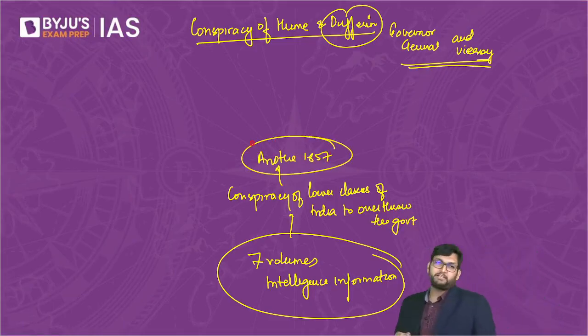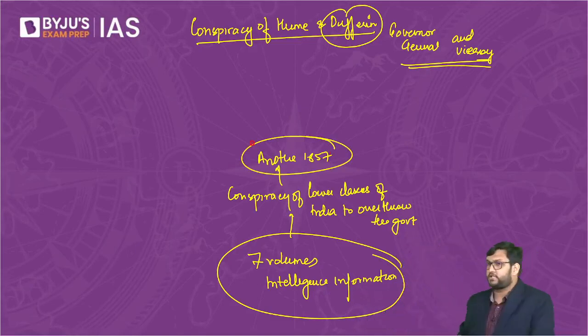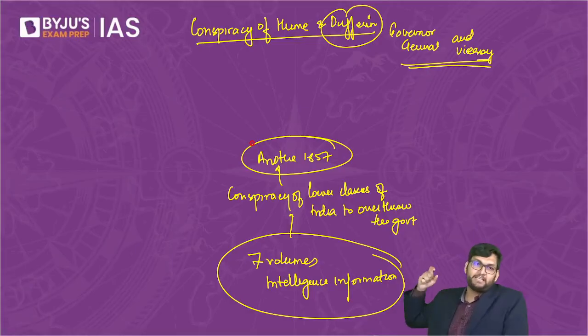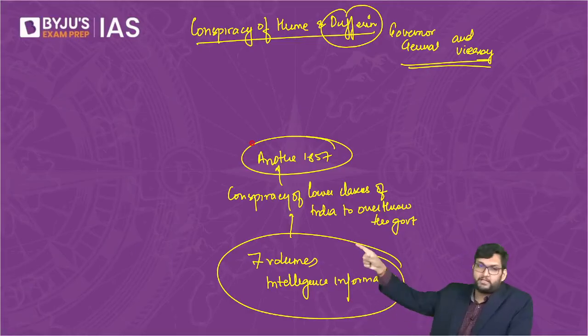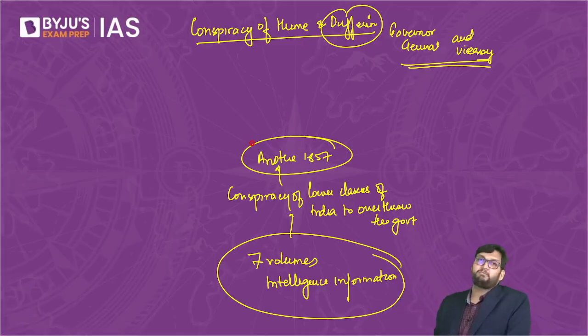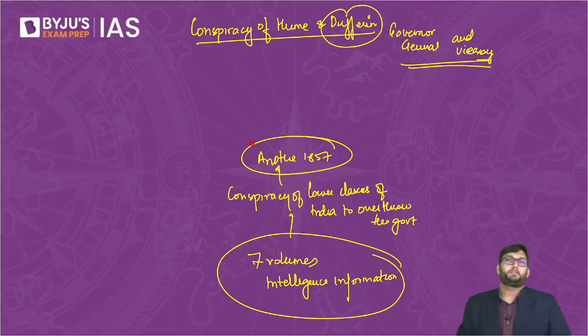So A.O. Hume very dramatically picks up the files and runs towards the railway station, saying that he needs to go to Shimla to meet the viceroy. He will reach Shimla and say to Dufferin, I need an audience with you.